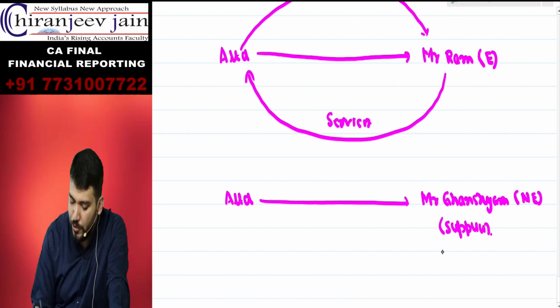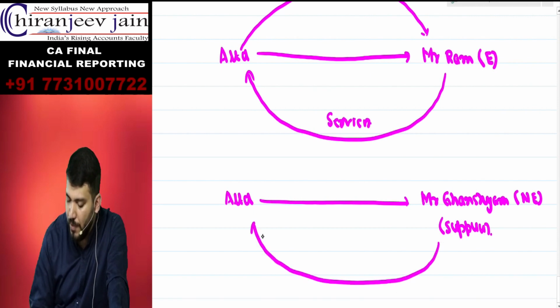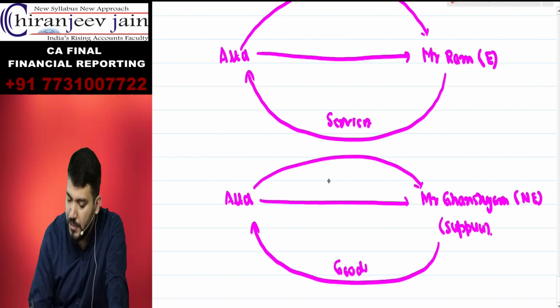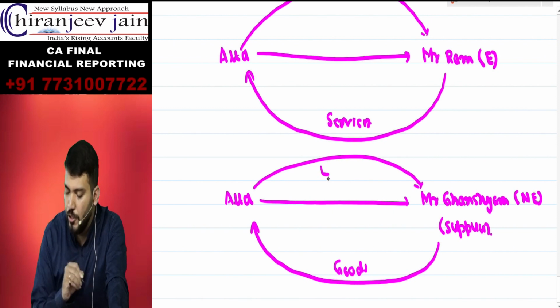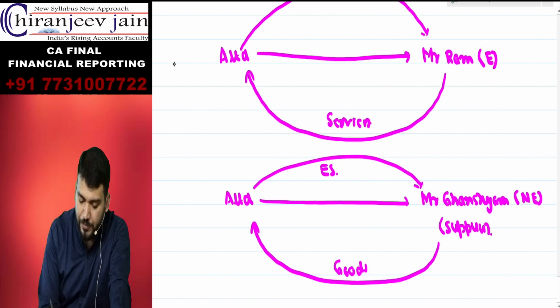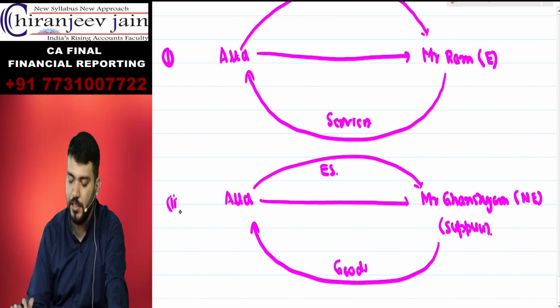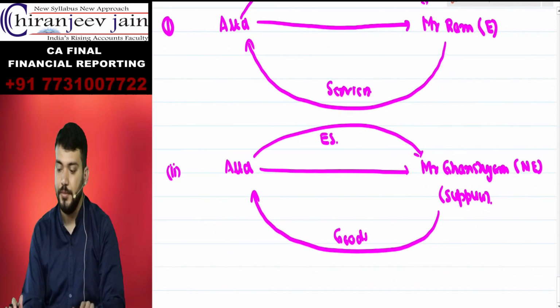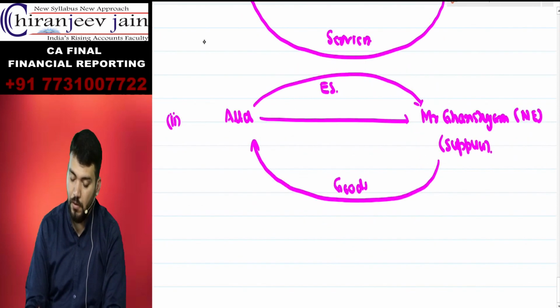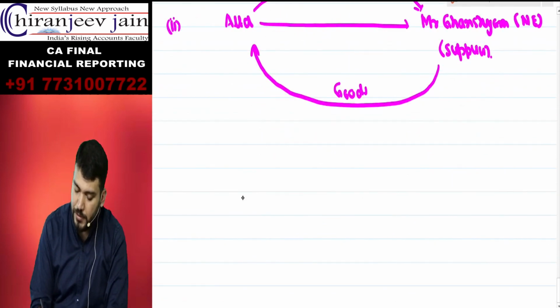This is providing goods. And A Limited has done a contract that he will make payment in the form of what? Equity shares. So this is also share-based payment. Are you able to understand? Correct? Understood?